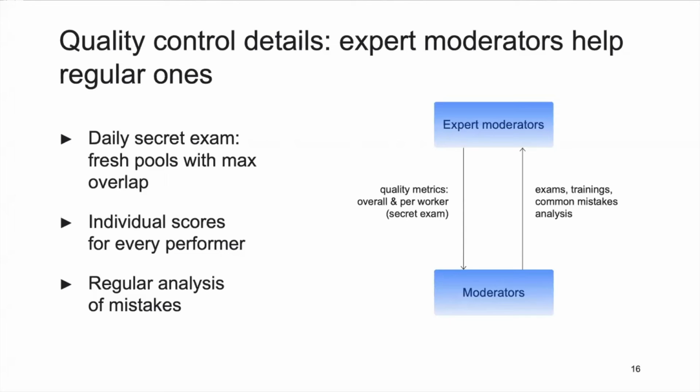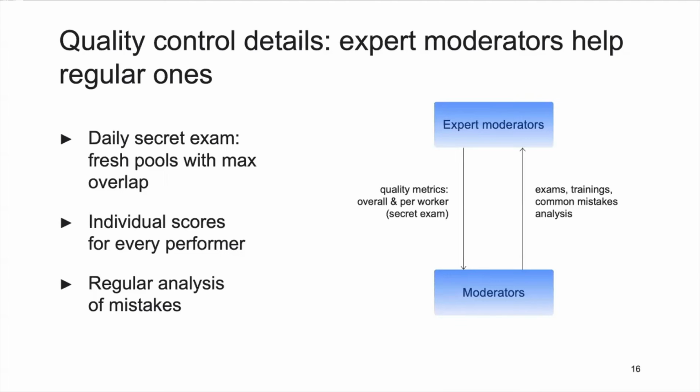We also put a high priority on this pool, so that we can be sure that every moderator who works on this project this day will for sure put some labels on this daily secret exam. But for this exam, we don't know the true labels yet.